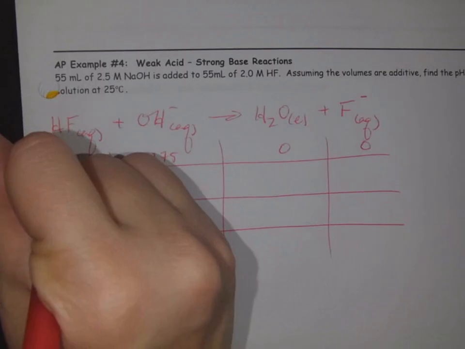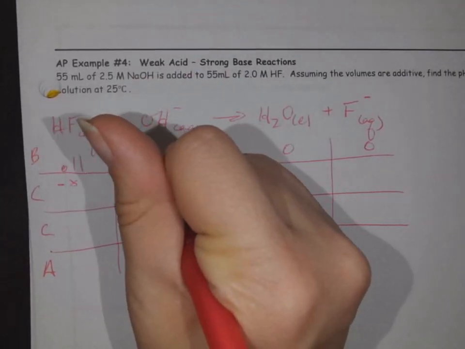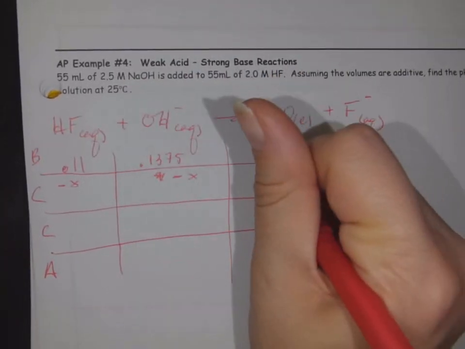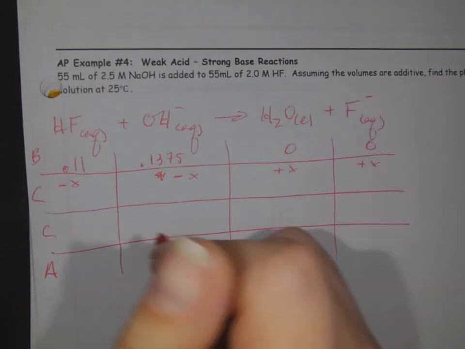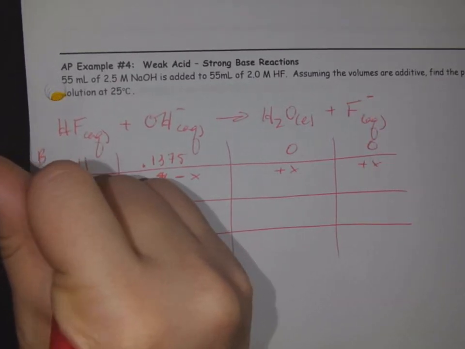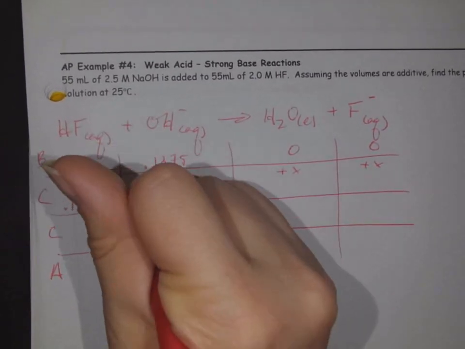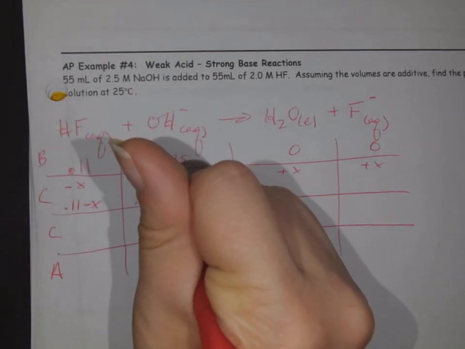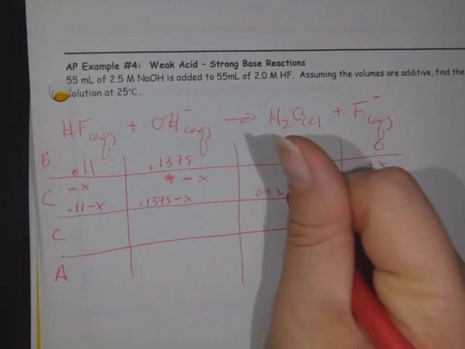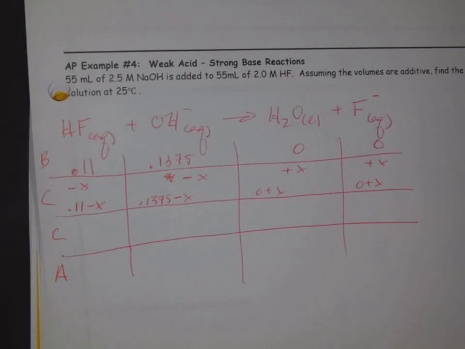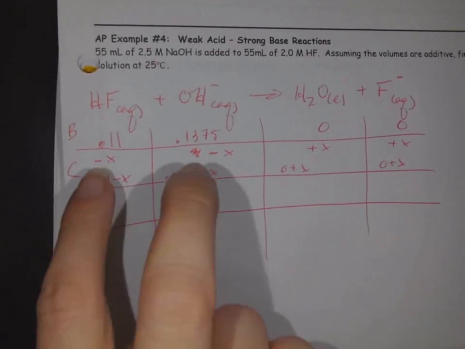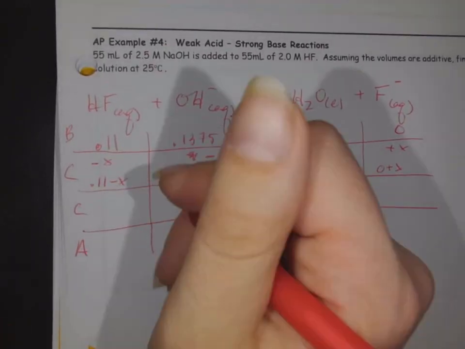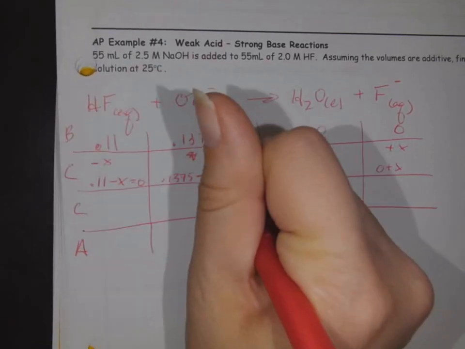So our change is going to be minus x, minus x, plus x, plus x. We get 0.11 minus x, 0.1375 minus x, 0 plus x, 0 plus x. Okay, that's the change. Now, we can probably already see that one of the reactants is going to equal 0.